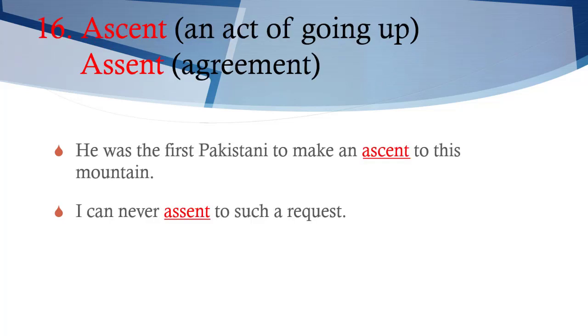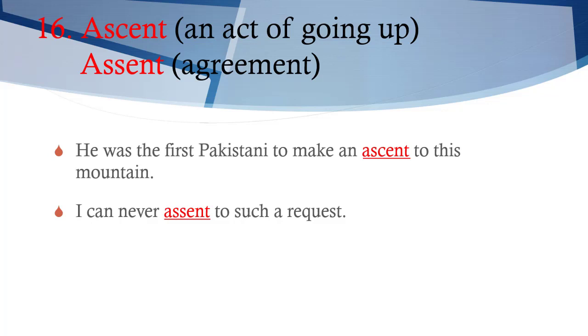At number 16, we have assent and ascent. The first word, ascent, means an act of going up. Ascent is the noun of ascend, as we commonly use ascending order.